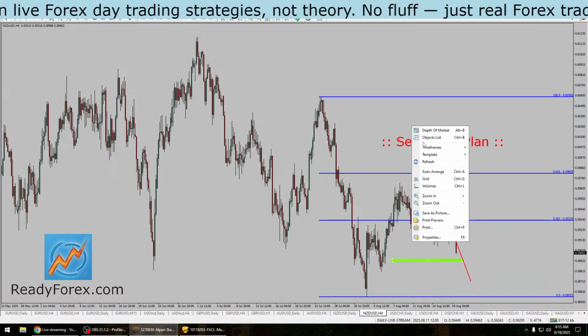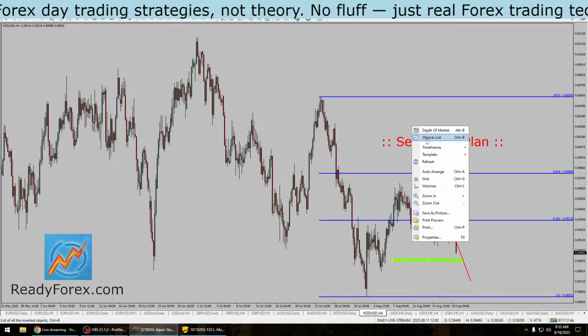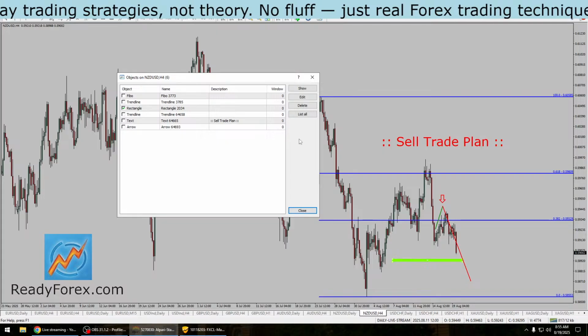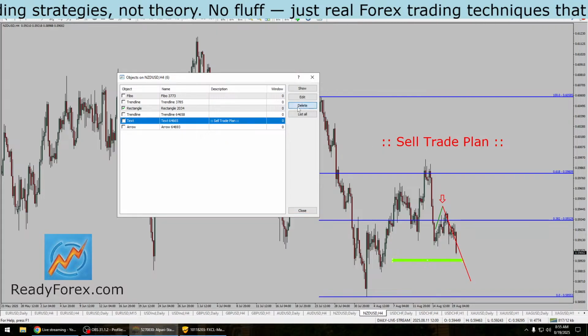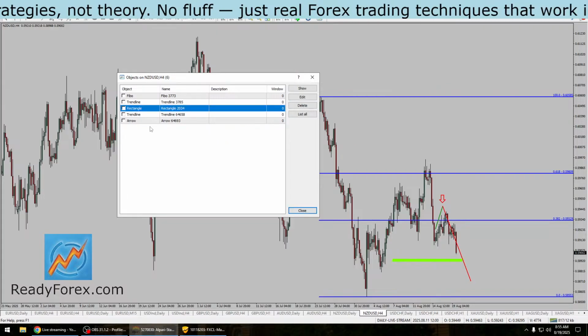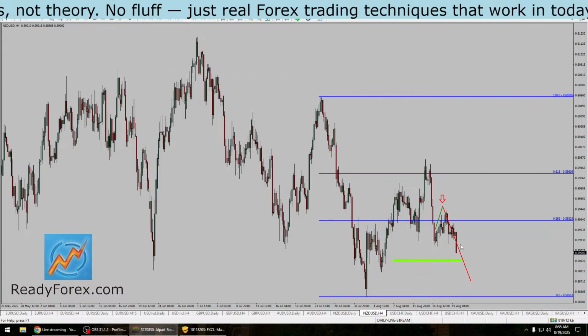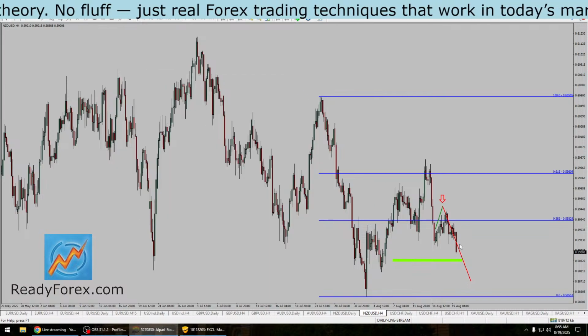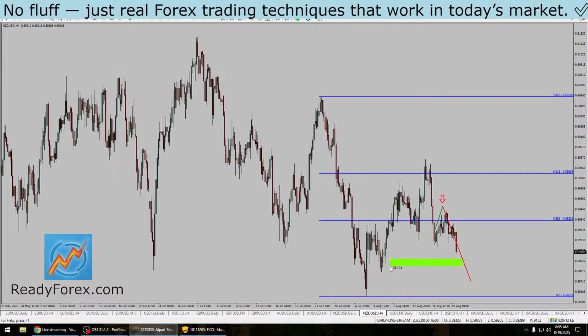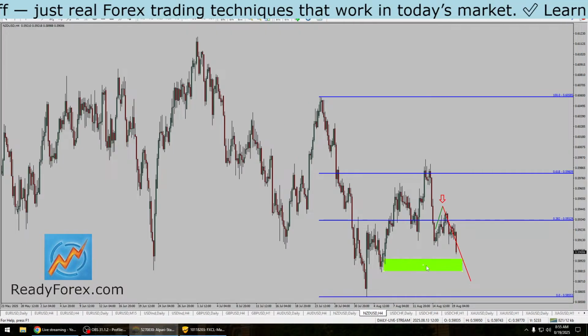I'm first going to delete this sell trade plan, because it has already worked. Now I'm not going to sell over here. Actually, look for a potential buy trade setup, but let the market drop more first.